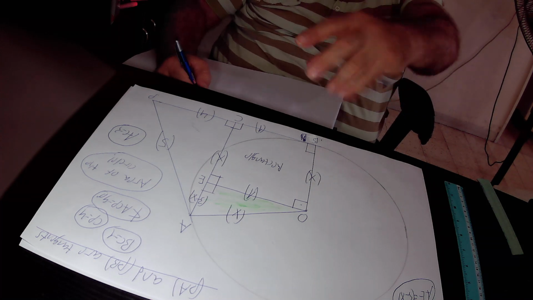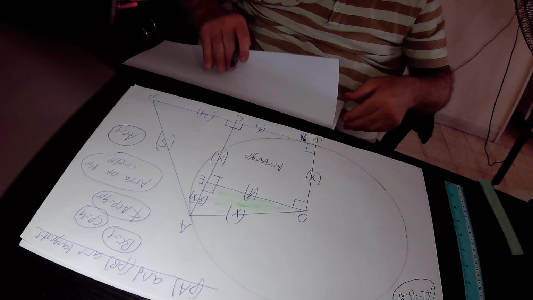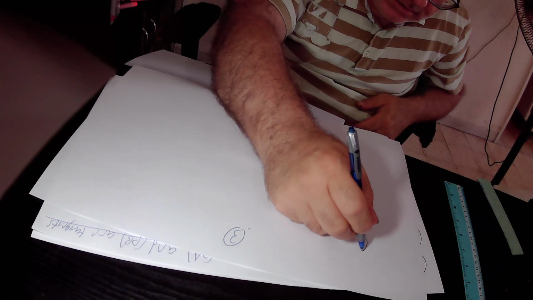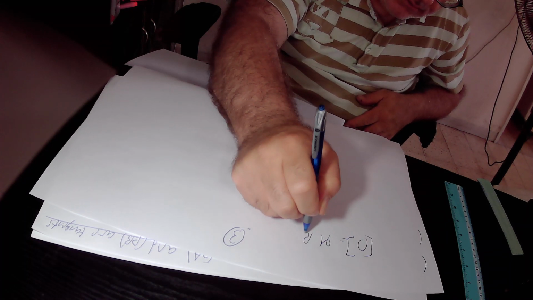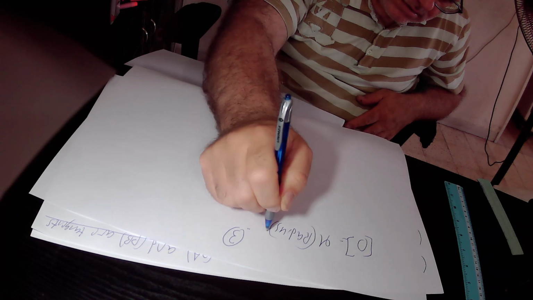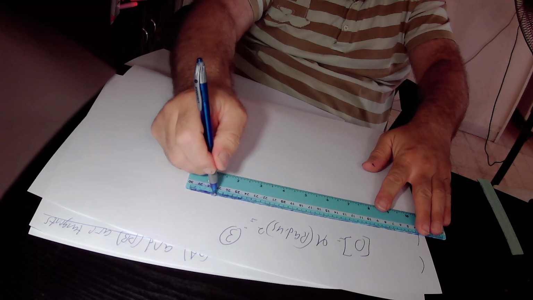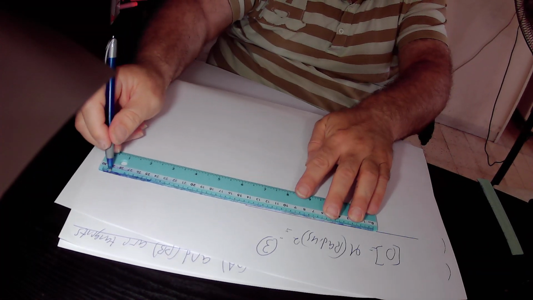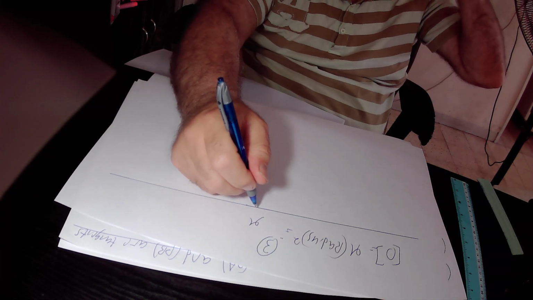Actually, the area of any circle equals pi times the radius of the circle squared. And therefore, the area of our circle must be equal to pi times the radius of our circle squared.